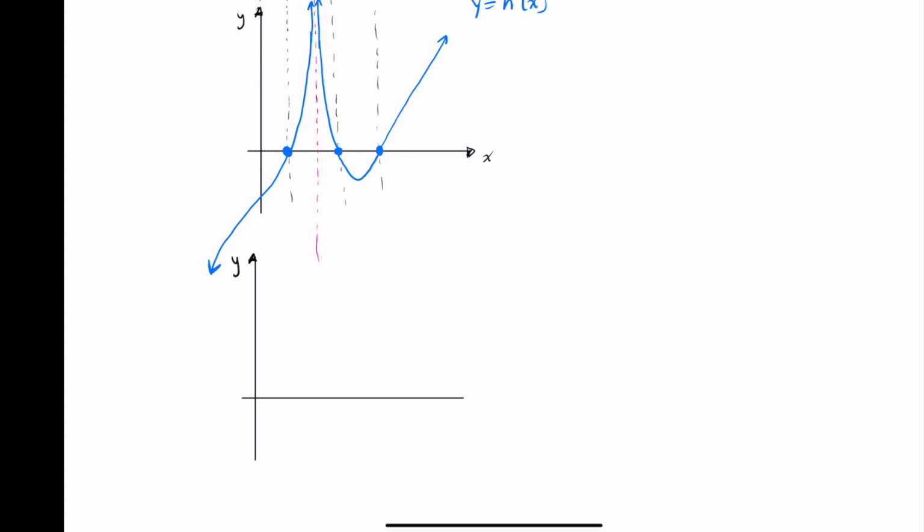Again, I started by sketching the x-axis and the y-axis. Now I'm going to look for any points where I have a maximum or minimum. And again, these are ones that look like either cups or inverted cups. And so I have one here, so I'm going to go ahead and sketch that out.